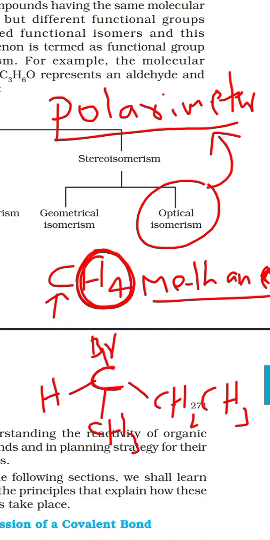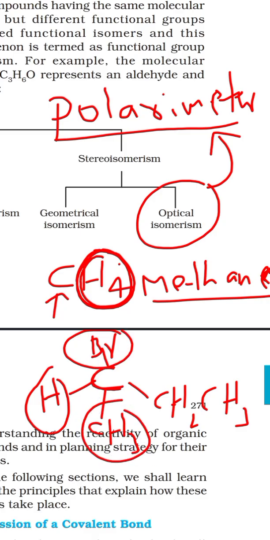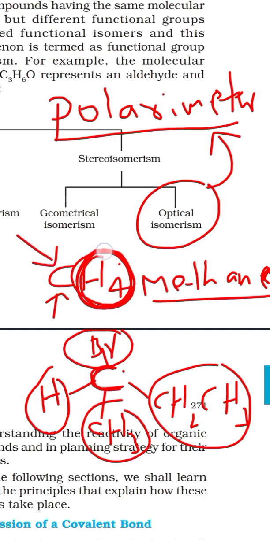What have I done? Here four hydrogens are replaced by four different groups. One hydrogen I kept as it is, another hydrogen I replaced with bromine, another with a methyl group, and another with an ethyl group. So this carbon has four different groups. In methane the carbon has four same hydrogens, but this molecule is 2-bromobutane.